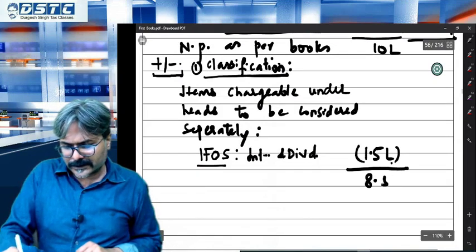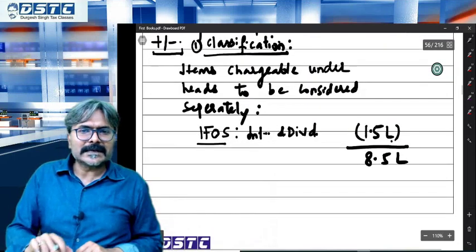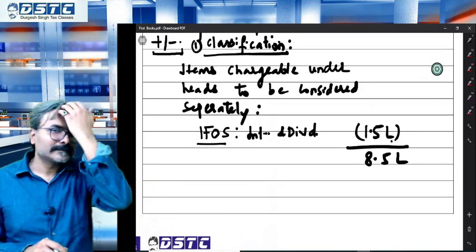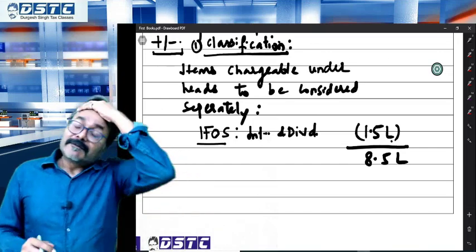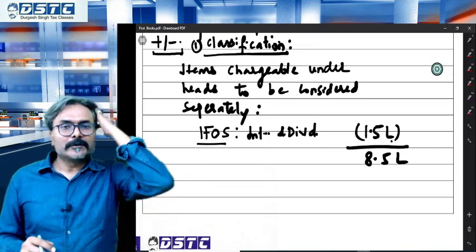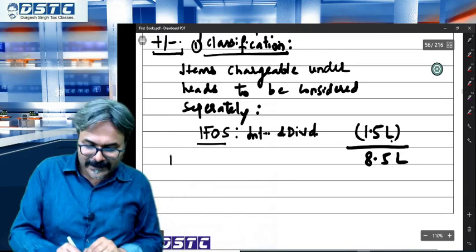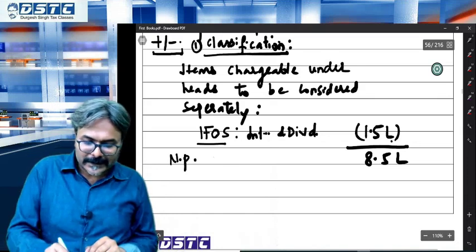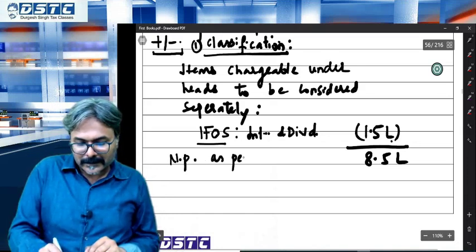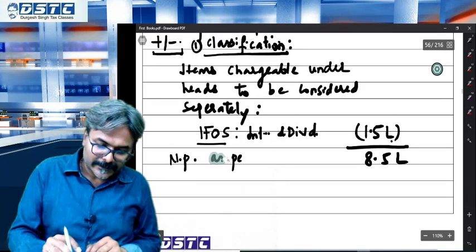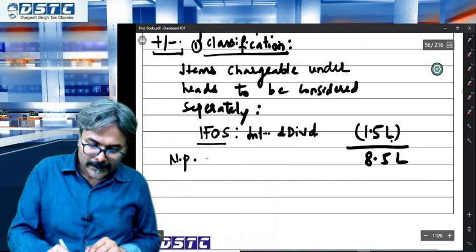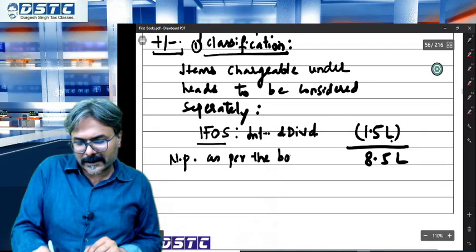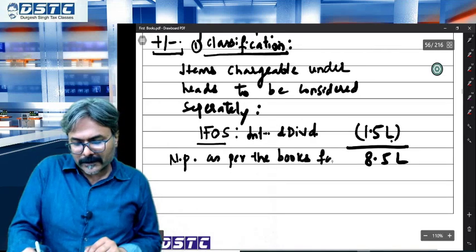This gives you how much? 8.5 lakhs. What would this 8.5 lakhs be known as, students? It would be known as, again, an accounting profit: net profit as per the books, that is the accounting profit, but for what?